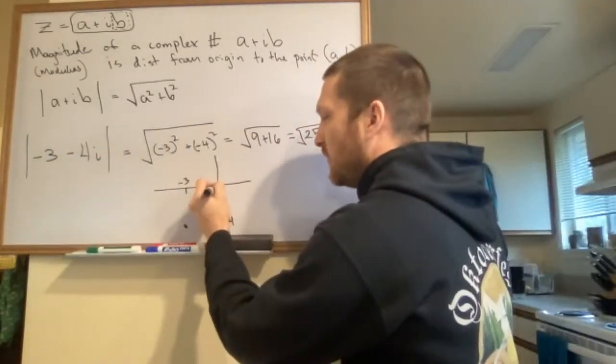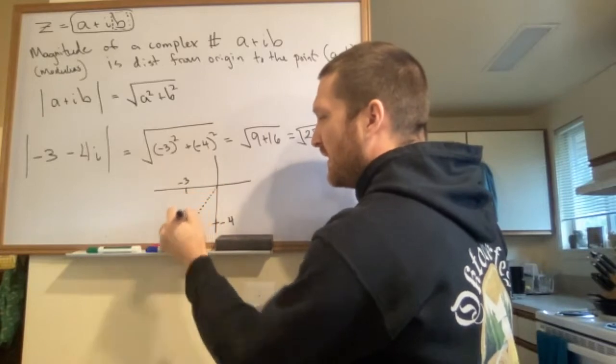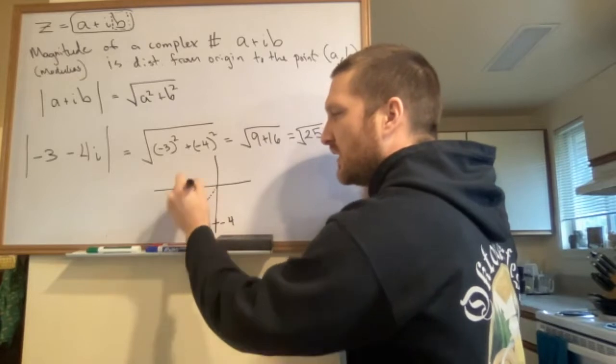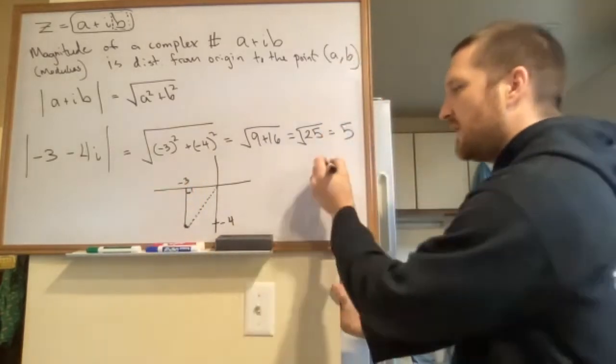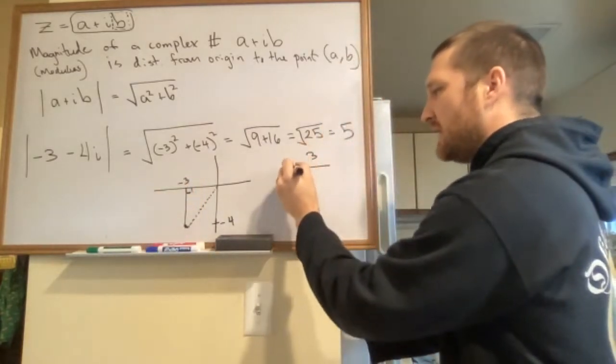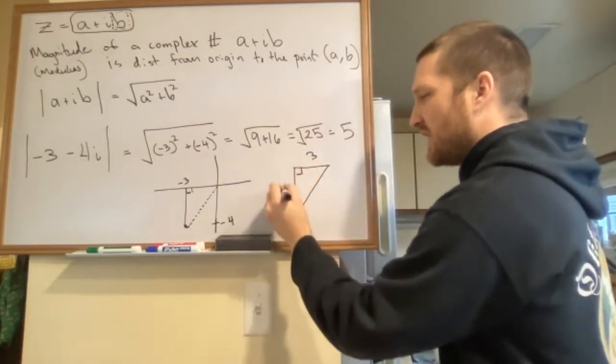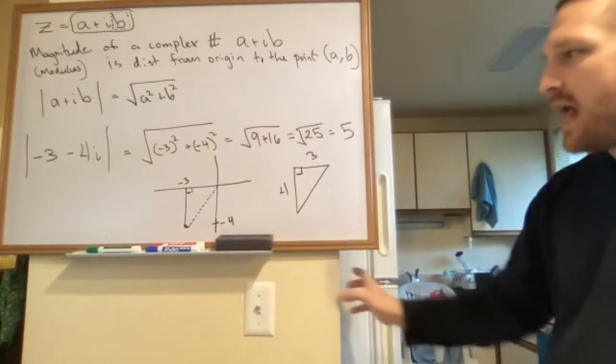You're asking what's the distance from there to there. All we've done is construct this triangle, where one side is 3 and the other side is 4.